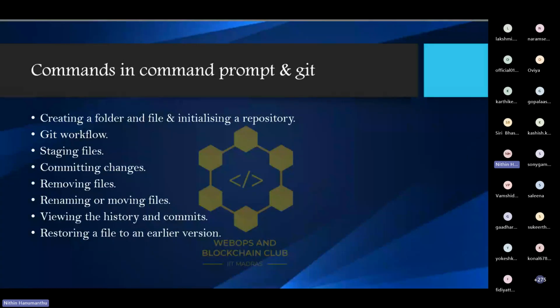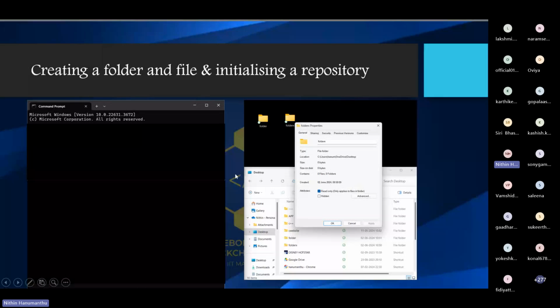Now you want to merge that change to the final, original project. So you will first push to the staging area. From the staging area, it will go to the local repo by committing changes, and then go to the global place. I'll show you shortly. First, creating a folder and a file.